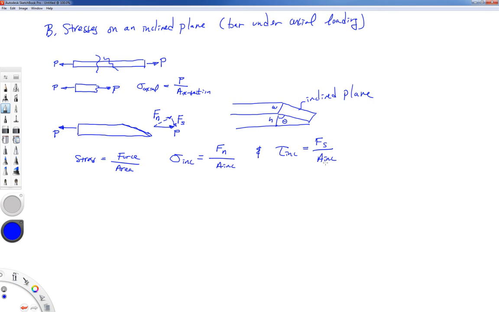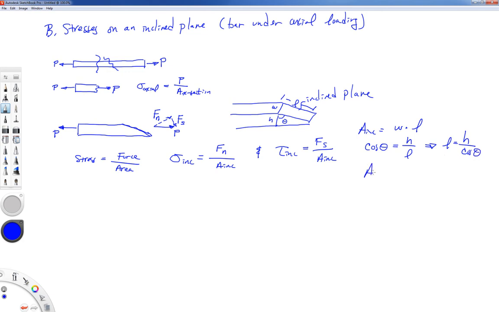Let's do the area of the inclined plane first. That's very easy. Let's look at this picture. Here's the picture of the inclined plane. If I call this dimension L for the slant length, the area of the inclined plane is going to be equal to W times L. To find L, if I look at the cosine of that angle theta, cosine of theta is going to be H divided by L. So that means L will be equal to H divided by the cosine of theta.